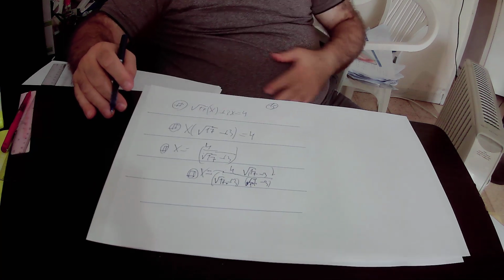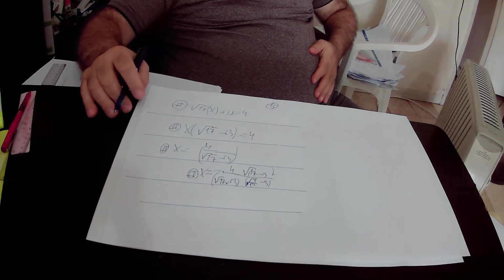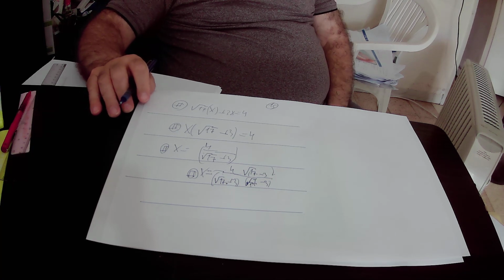So we got this expression. We have in the denominator square root of 17 plus 3 times square root of 17 minus 3.